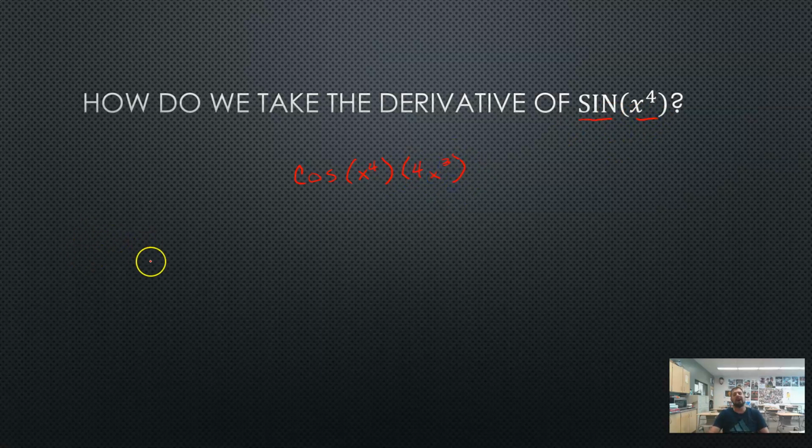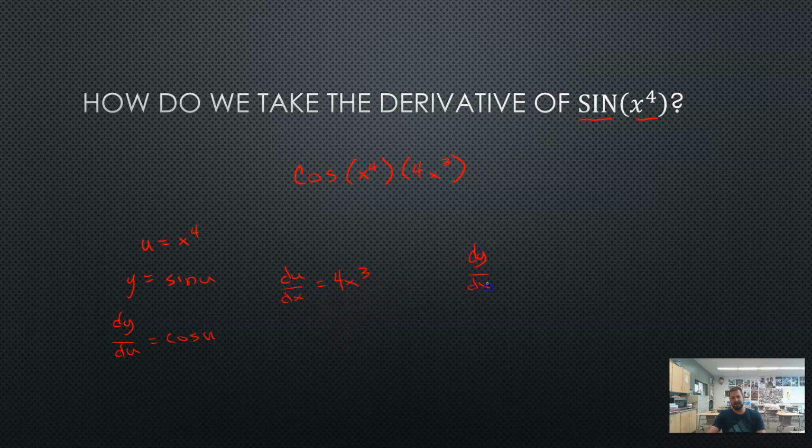If we used the process that we talked about before, I'm just going to go through this real quickly, we would let u equal x to the fourth, which would mean that y is equal to the sine of u. I take the derivative of that. I get dy/du is equal to cosine of u. Then I would get du/dx is equal to 4x to the third. Again, this isn't what you have to do, but I think it helps us see a little better what is going on.